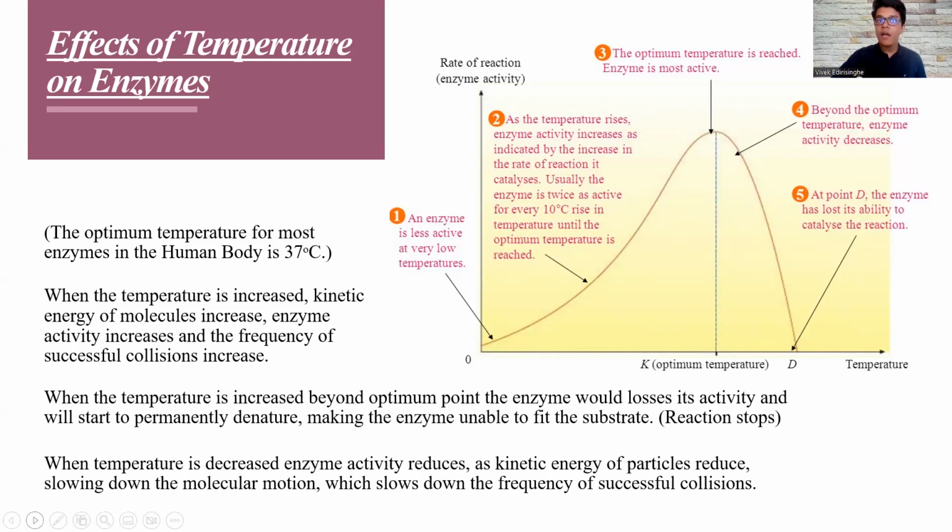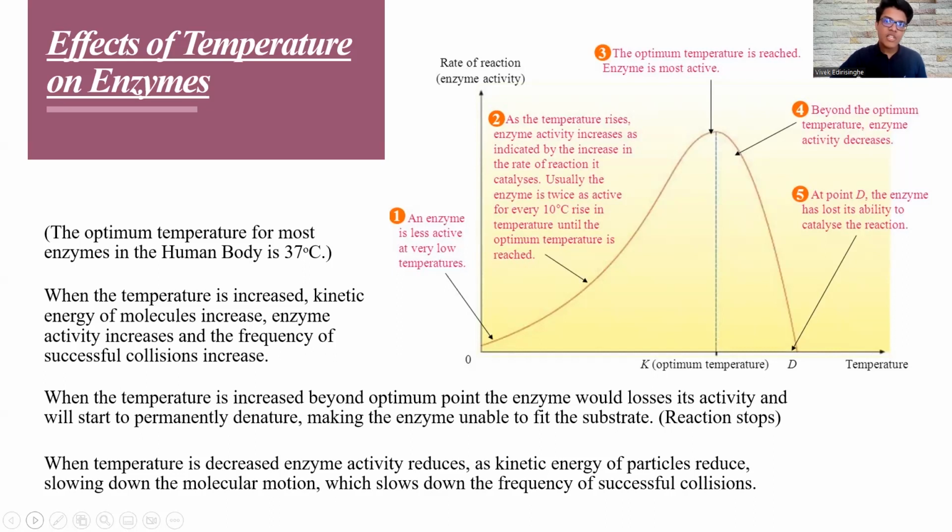and pH. First, let's talk about the effects of temperature on enzymes. Generally, the optimum temperature for most enzymes is 37 degrees Celsius, which is the human body temperature. Generally, when the temperature is increased, kinetic energy of molecules increases, and the enzyme activity therefore increases, because the frequency of successful collisions between molecules would increase.